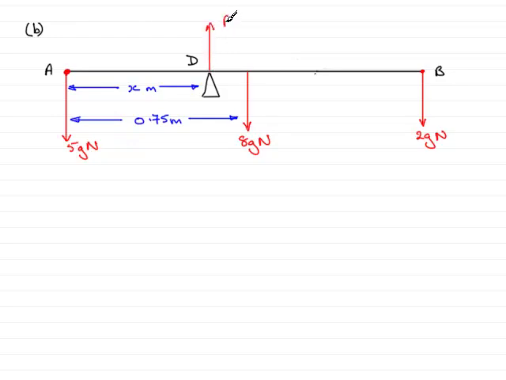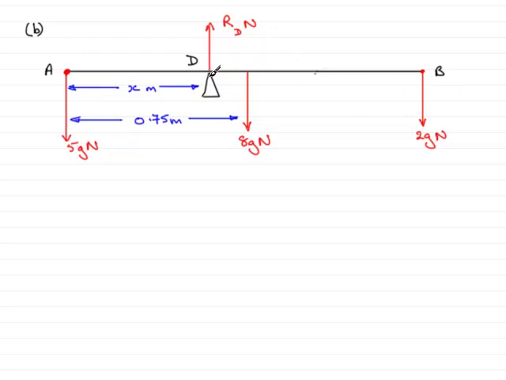It's not the same R as I used in part A, so I'm just going to put a subscript there, R_D, the reaction from the support D, and mark that in as newtons. So I've marked in all the forces, and we've got to find then the distance A to D.